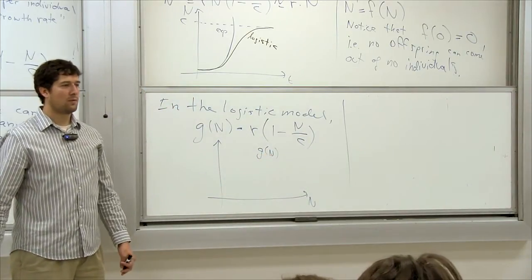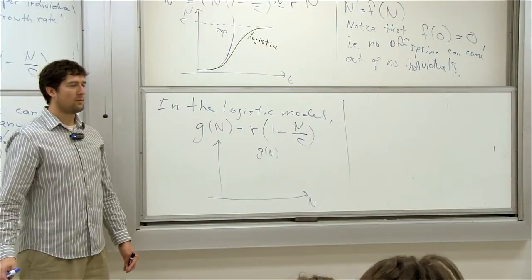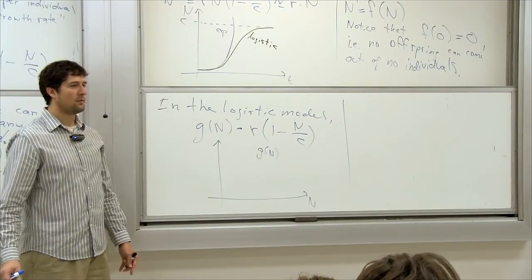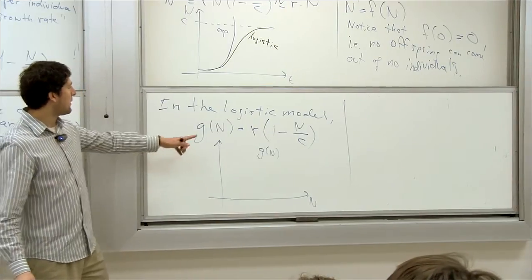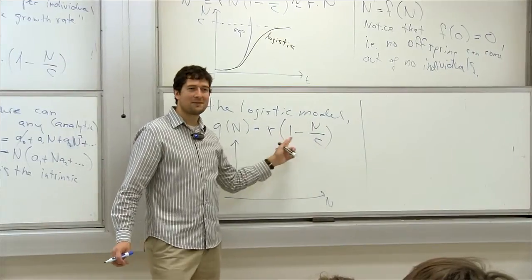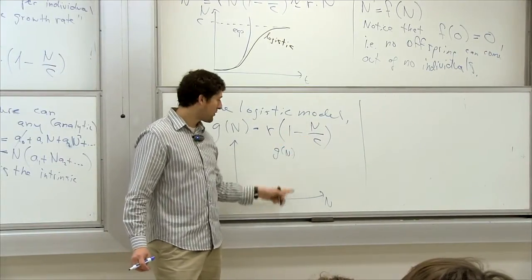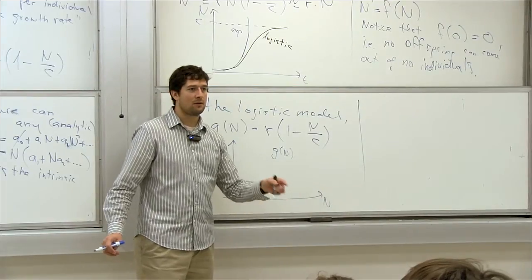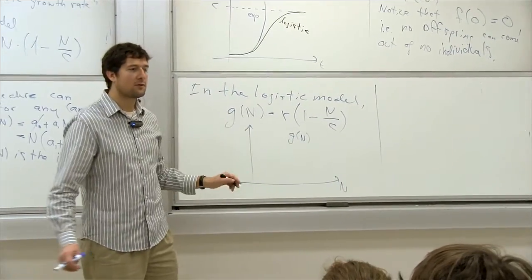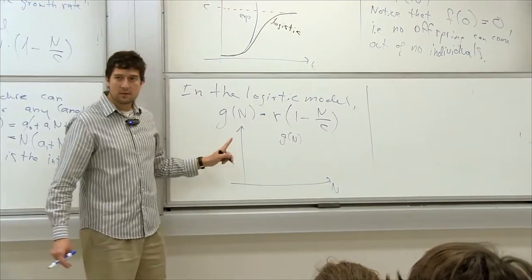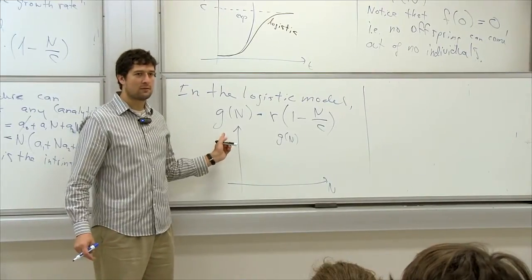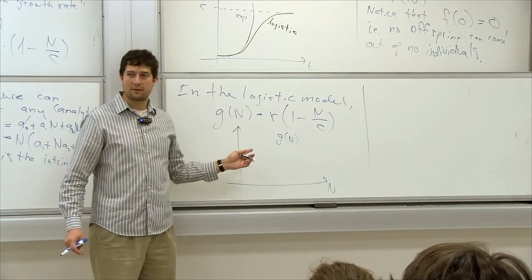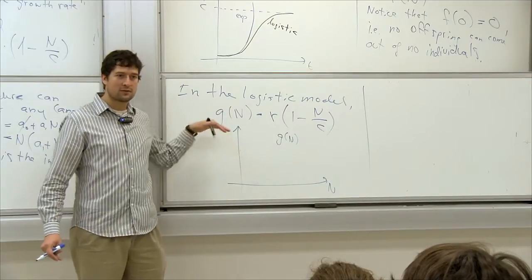Is it exponential? Well, I don't know. What kind of function is this? Is it an exponential function? We're not talking over time. We're talking just plotting the function g of n. What is it? Linear? It's a linear function. That's right. What slope does it have? Is it positive or negative? Negative slope, right? So it's decreasing.